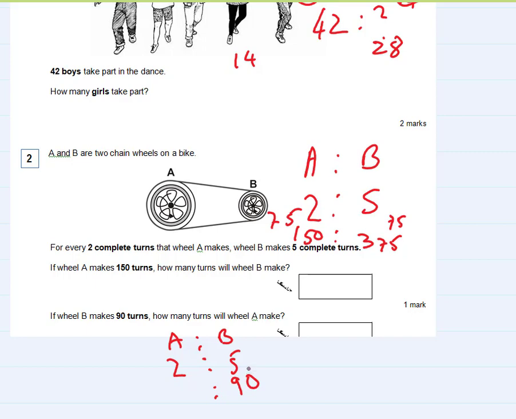Okay, so what's the number that turns 5 into 90? And if you do the maths, the answer is 18. So 5 times 18 makes 90, therefore 2 times 18, which is our magic number, makes 36. So this is the answer to this question. Okay, so let's have a look at another one.